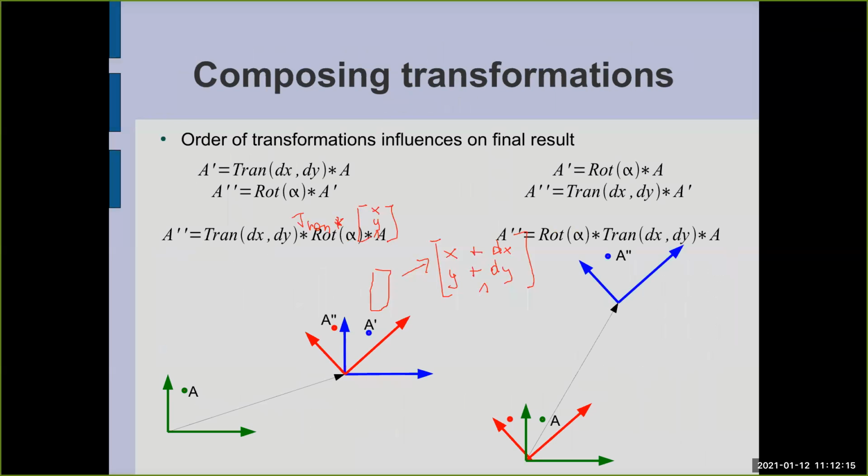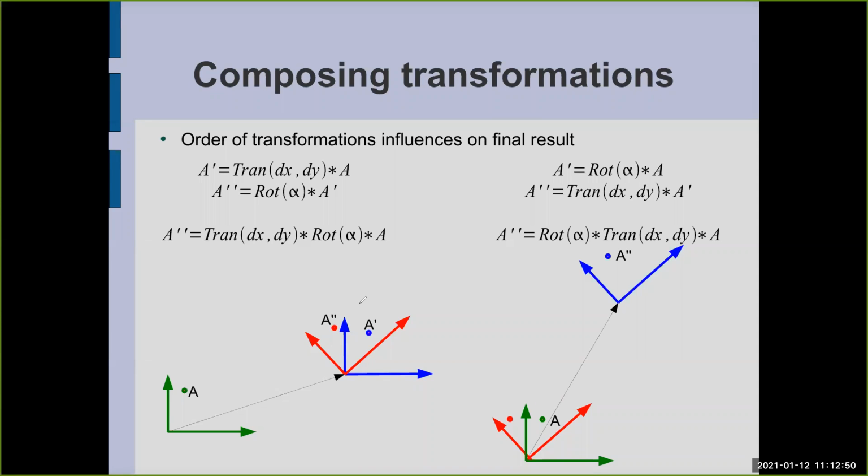Okay, but this method has a very important feature. Let's assume that I'd like to perform not only a single transformation, but several transformations in a sequence. So first, I have my original point, and I'd like to translate it, and then rotate it.